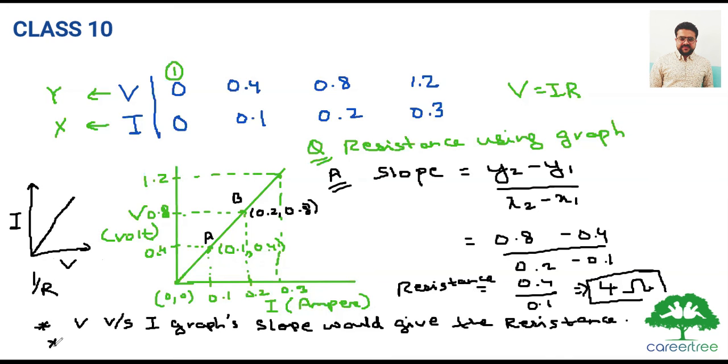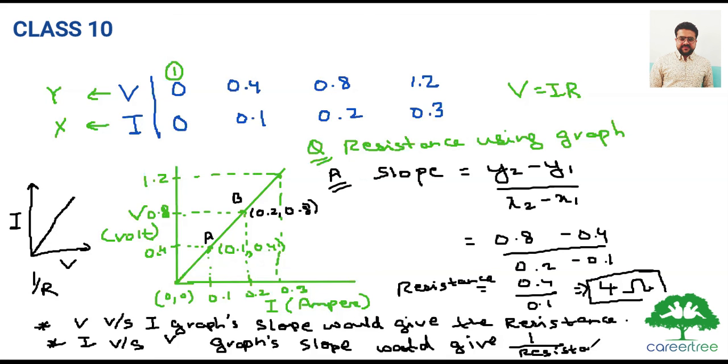So an I versus V graph's slope would give 1 by resistance, and 1 by resistance is also known as conductance.